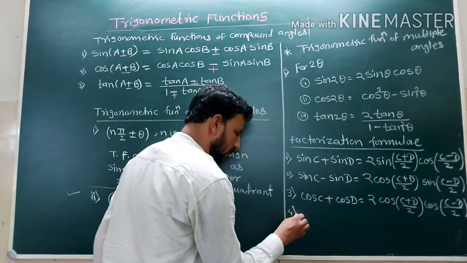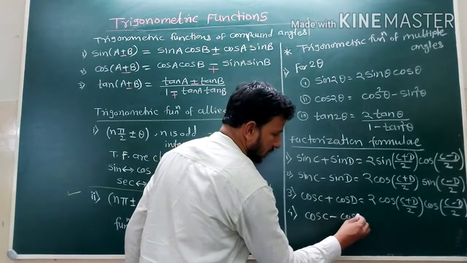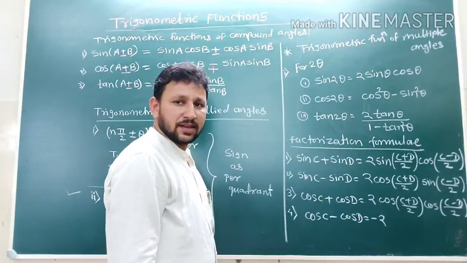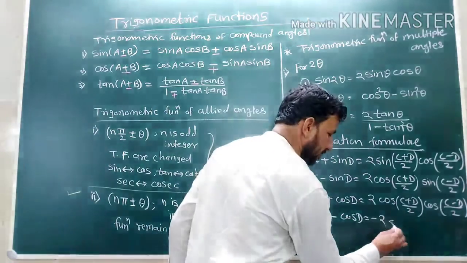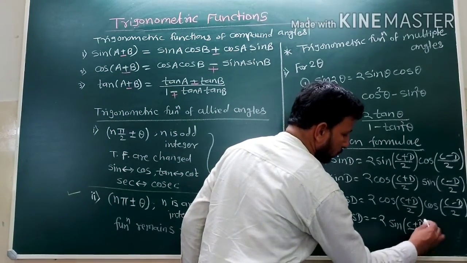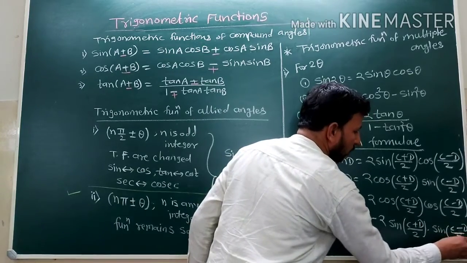And the last formula, number 4, subtraction: cos C minus cos D is expressed as minus 2 times sine of C plus D upon 2 into sine of C minus D upon 2.